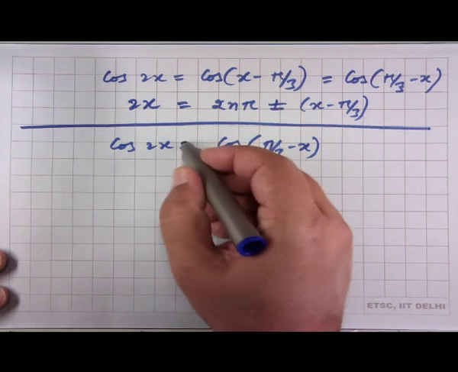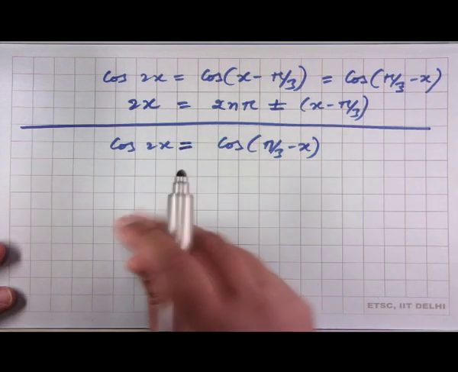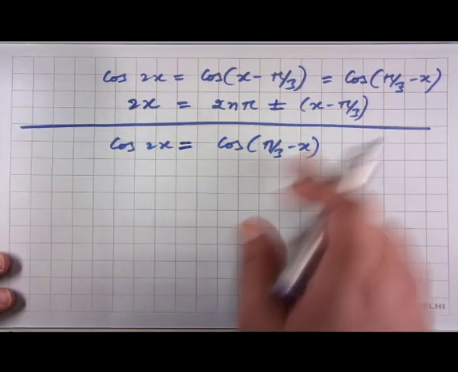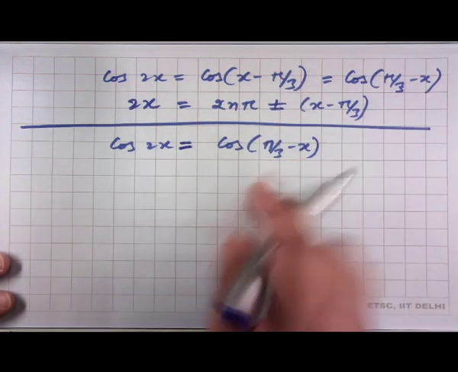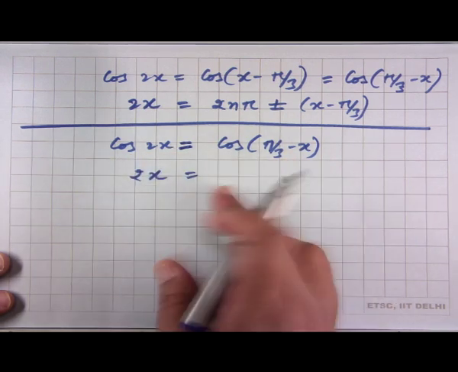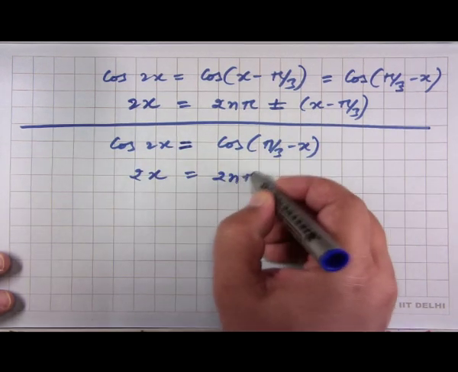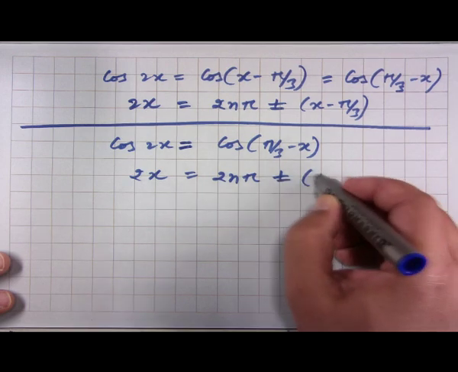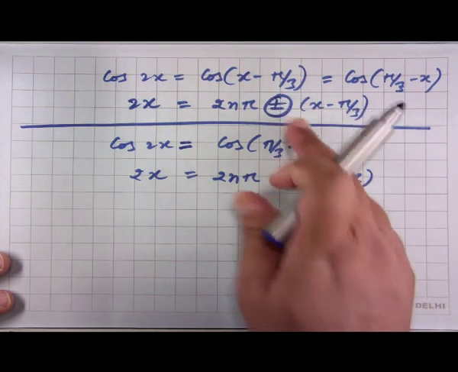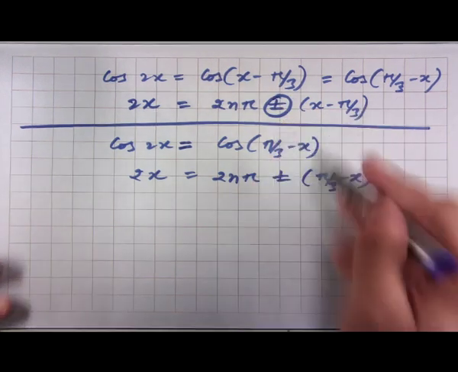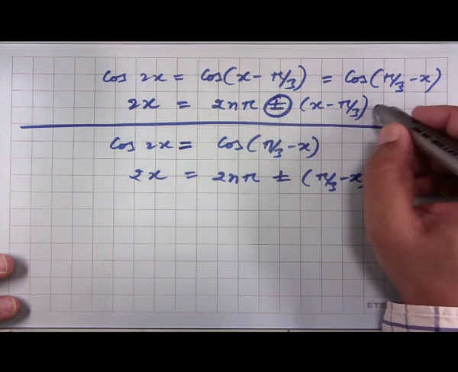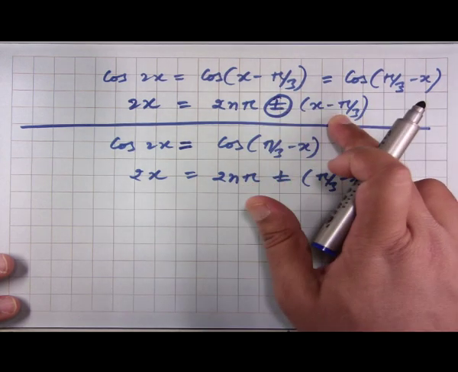And the answer to that question is of course yes. And that is because if we start with this equation, so instead of x minus pi by 3, we have pi by 3 minus x, the general solution to this equation will also be of the form 2n pi plus minus pi by 3 minus x. But the important thing to see here is this plus minus. Because we have a plus here, with the plus what we will get is 2n pi plus x minus pi by 3.